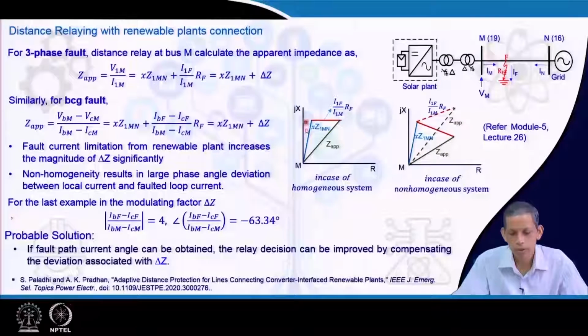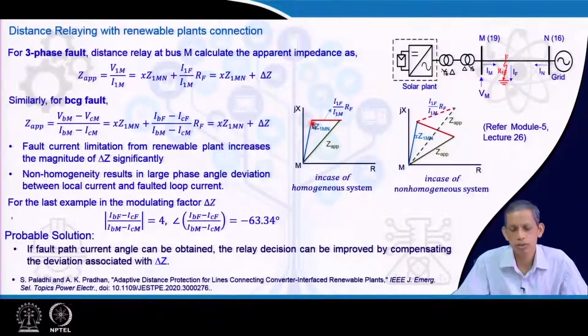See here, for a normal synchronous machine based approach where homogeneity is maintained, if this is the line impedance up to the x point, x Z1mn, then for this part, because of homogeneity, the angle of I1f and the angle of I1m will cancel. So, this is Rf, and this will be a horizontal line. So, the Z apparent will be this one, and based on that we propose the quadrilateral characteristic.